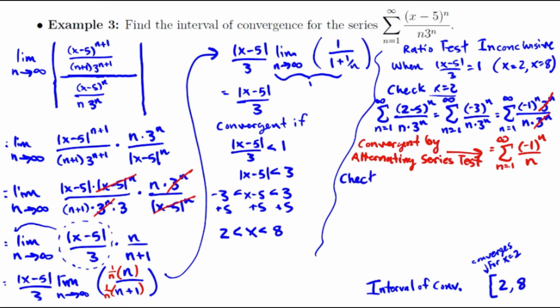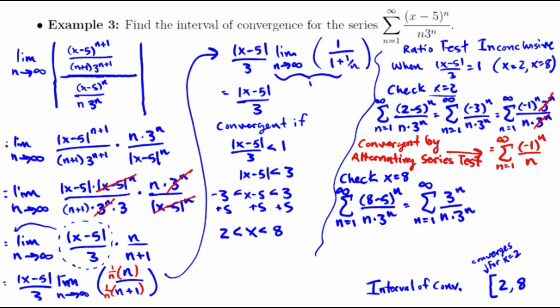So now we're going to check the other one. Let's check x is equal to 8. So if I plug 8 in there, 8 minus 5 is 3, so this is going to be the sum from n equals 1 to infinity of 3 to the n over n times 3 to the n.